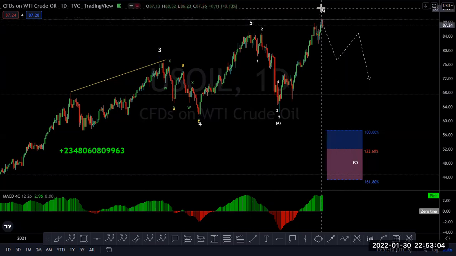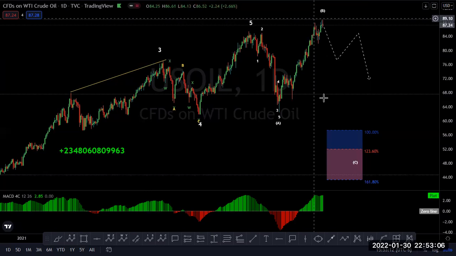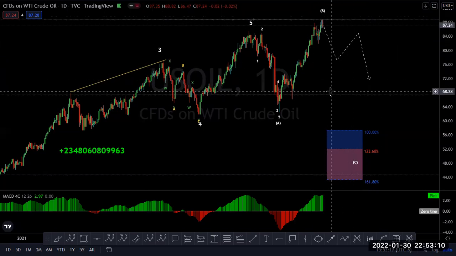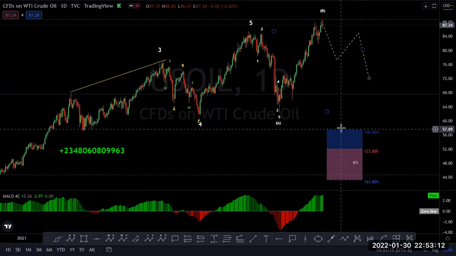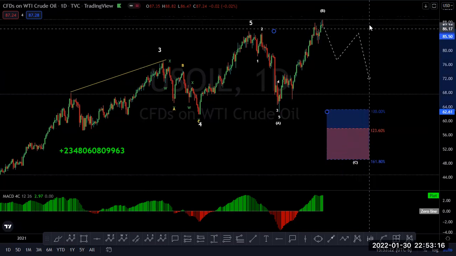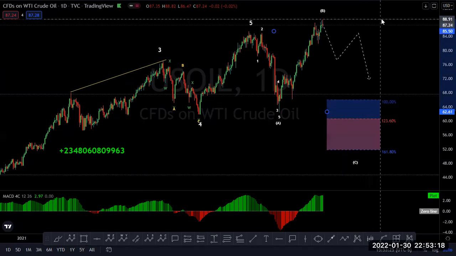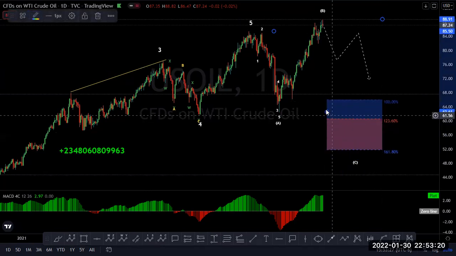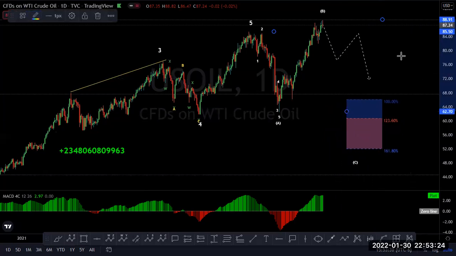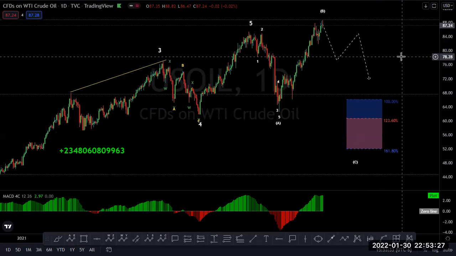But if it is a normal ABC, then we are hoping to get a deeper move. So for now, let us keep calm and wait and see how wave B will end.